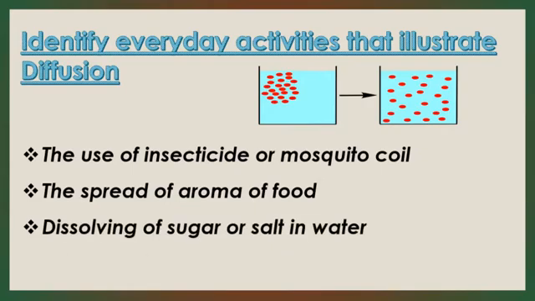Third, dissolving sugar or salt in water. Now, you have ever made gari soakings or whatever you call it, or enjoyed some tea by putting sugar. A little sugar you put in the tea, and after stirring, you realize that the sugar filled all the parts of the tea.